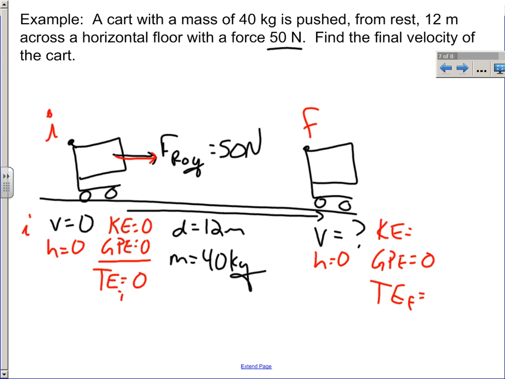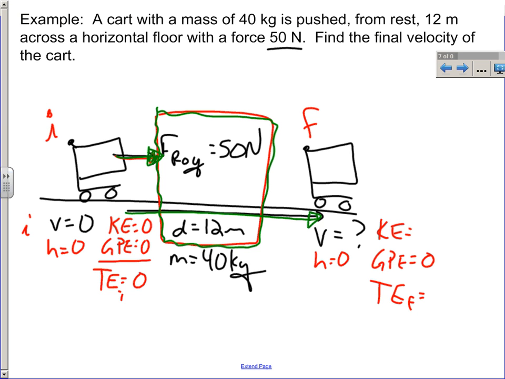We just don't know how fast it's moving. All right, so there's some information I haven't used yet. We know that because there's a force pushing the box some distance, work is done. So let's find our work.